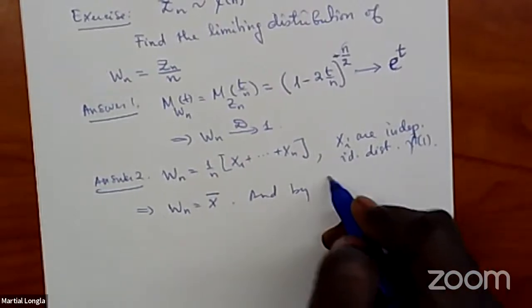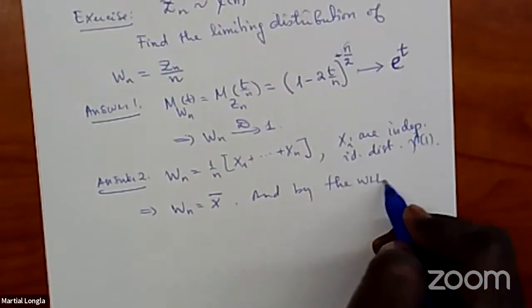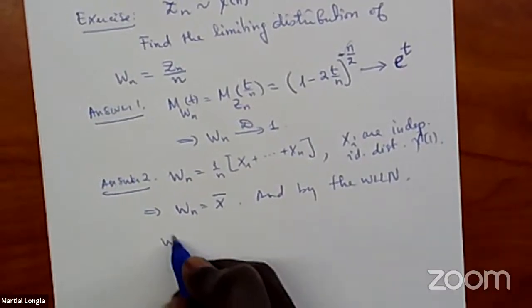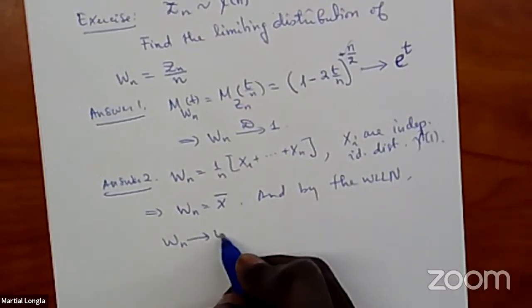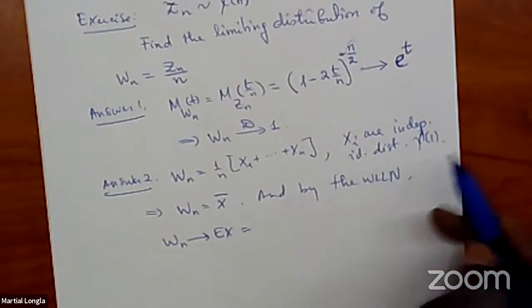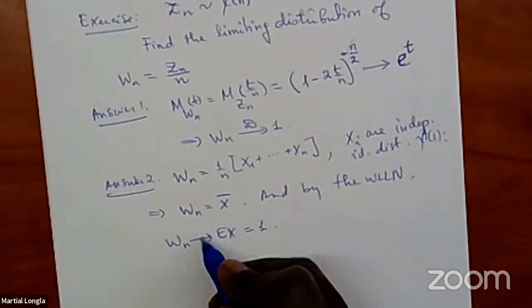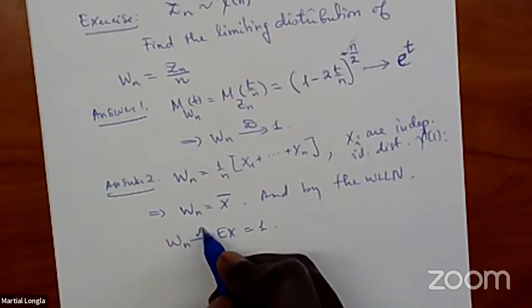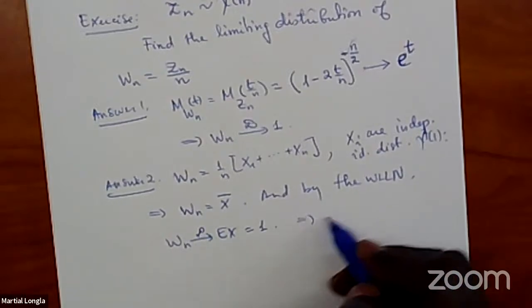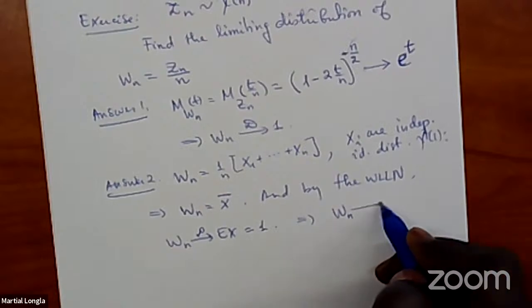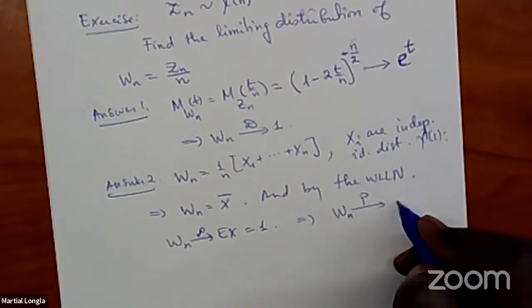By the weak law of large numbers, Wn converges to the expected value of X, and the expected value of chi-square 1 is 1. So Wn converges in probability to 1.